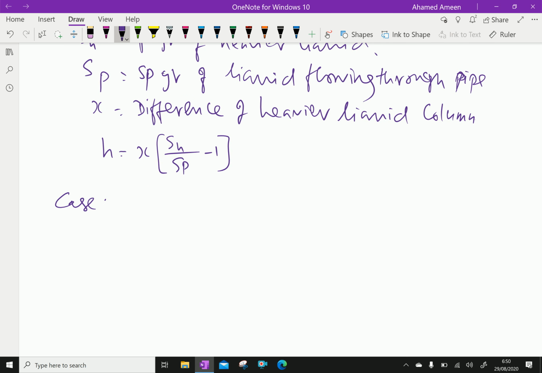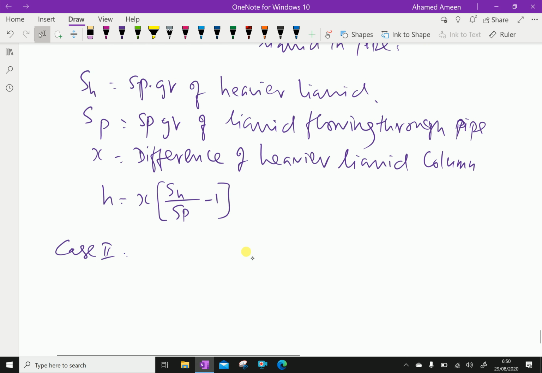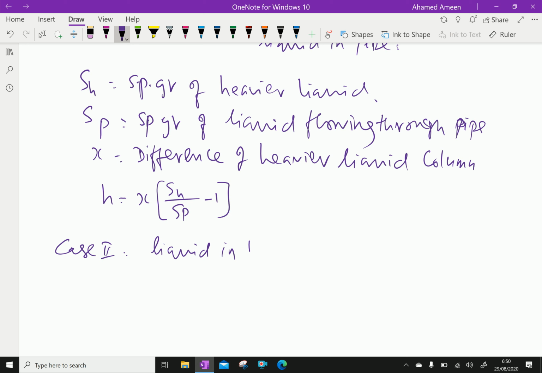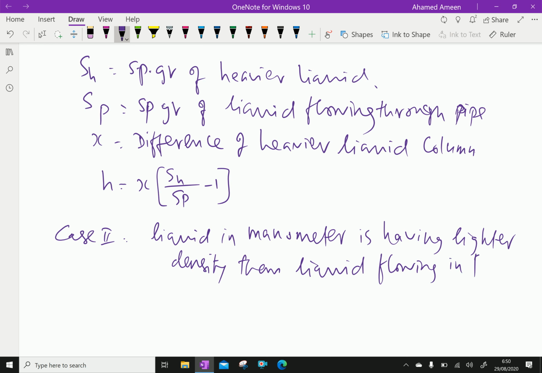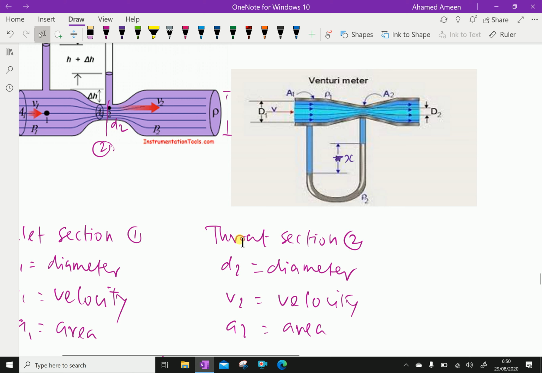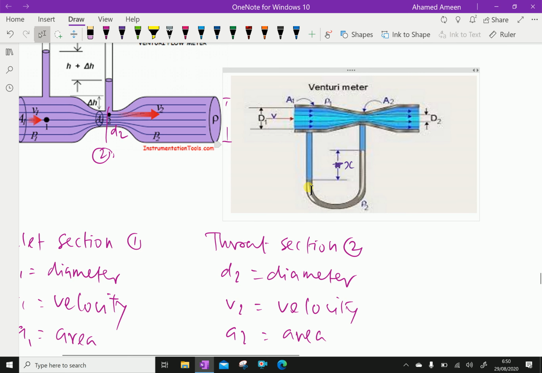Case 2: if the liquid in the differential manometer has lighter density than the liquid flowing in the pipe, that means the liquid flowing in the pipe is heavier than the manometer liquid, so it comes inverted.